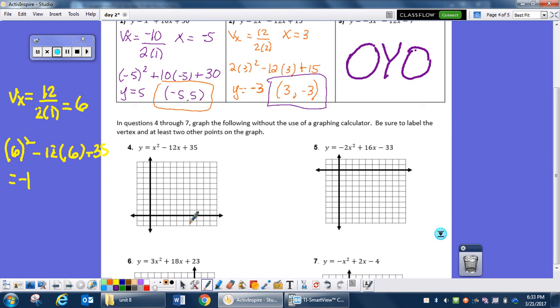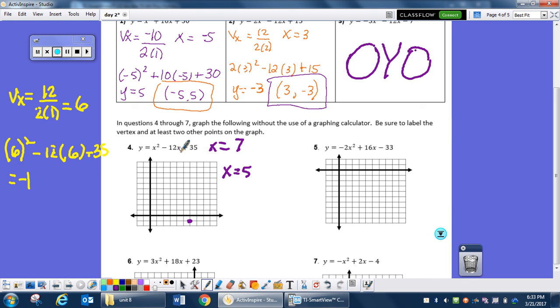6, -1. Alright, and then what I've asked you to do each time is find different points. I'm always going to give you the points I want you to find. So I want you to find when x equals 7. And then when x equals 5. So what you would do is you would substitute 7 into this equation.